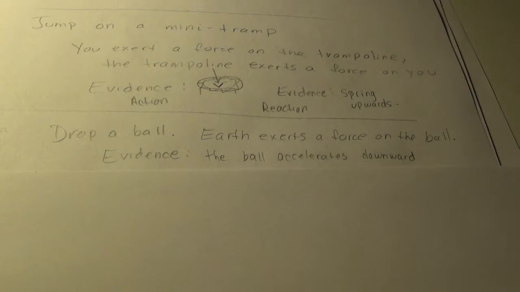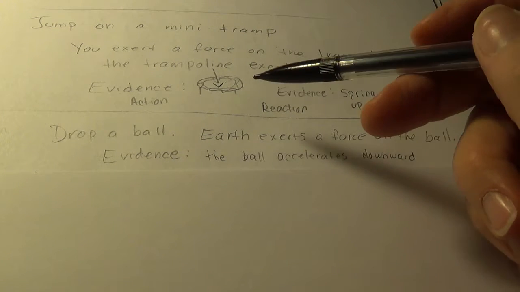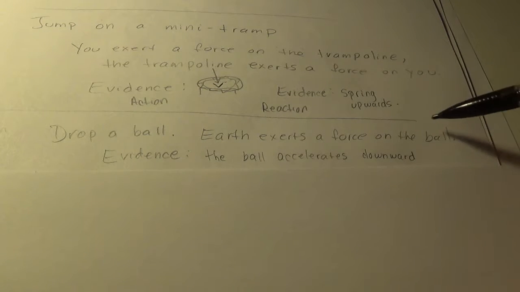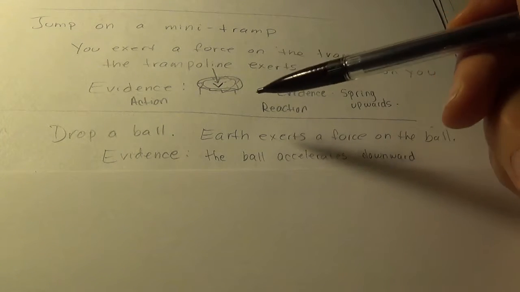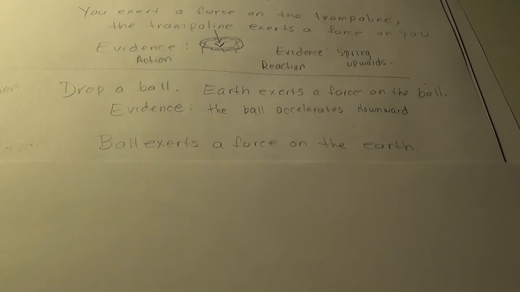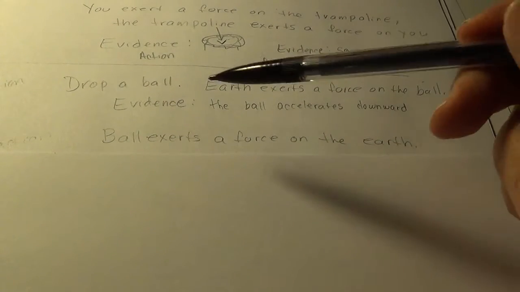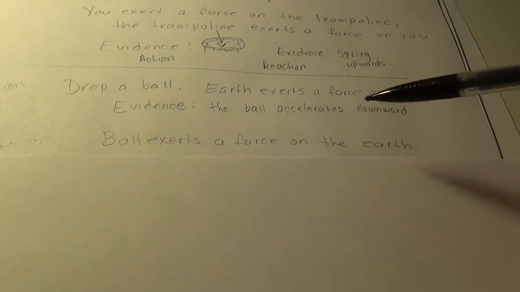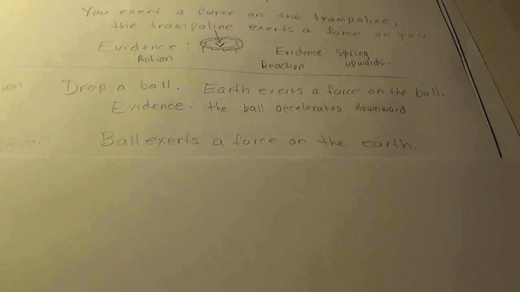But it's harder to see what is the evidence of the reaction. And what is the reaction? The earth exerts a force on the ball, but where is the equal and opposite reaction? The equal and opposite reaction is the ball exerts a force on the earth.